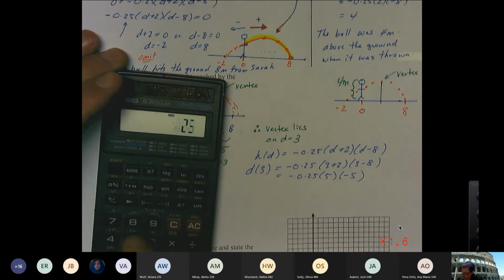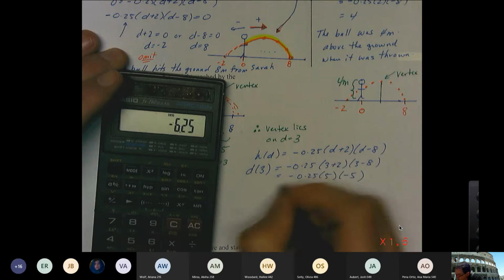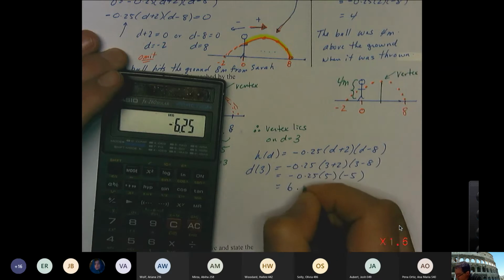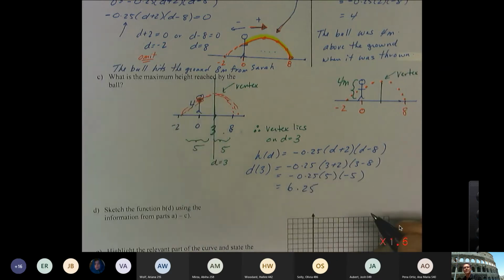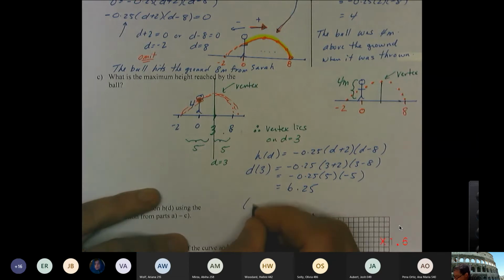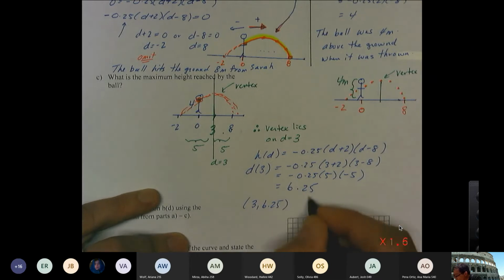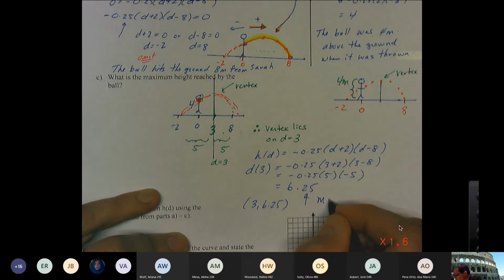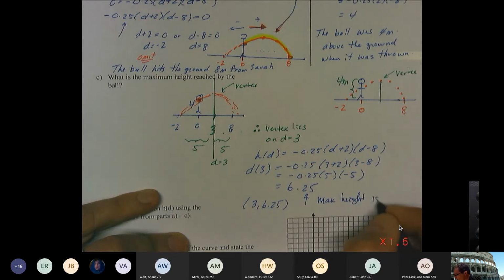So it's going to be 0.25 times 5 times negative 5, which is 6.25, which means my vertex is going to be 3, 6.25, but more importantly, this is my maximum height, is 6.25 meters.